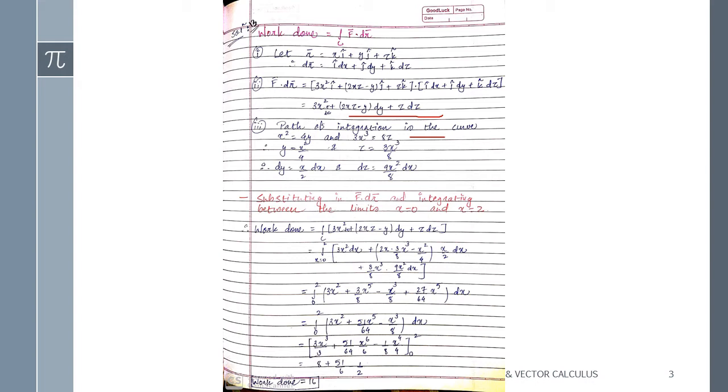From the first equation make y the subject, and from the second equation make z the subject. Now find dy and dz, put all these values in F dot dr, with limits x equals 0 to x equals 2. Just putting all the values and simplifying, you can get the answer.